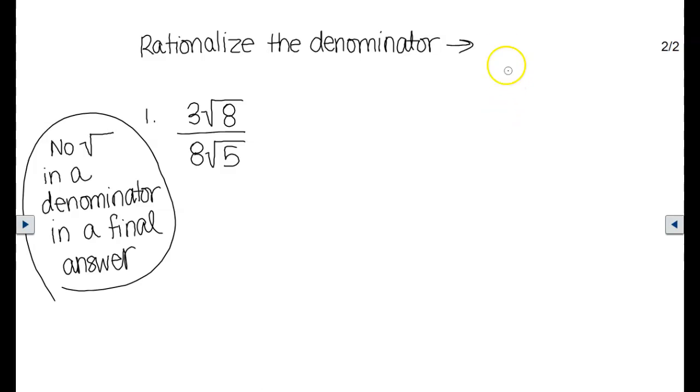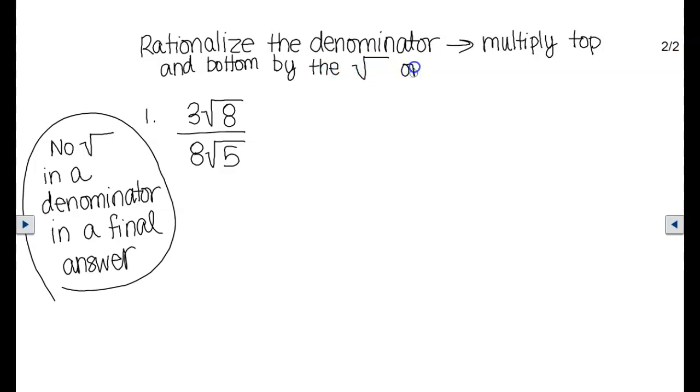So how do we rationalize the denominator? Well, here's what you do. You multiply the top and the bottom by the square root on the bottom.